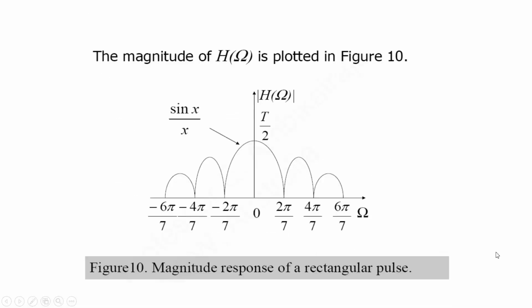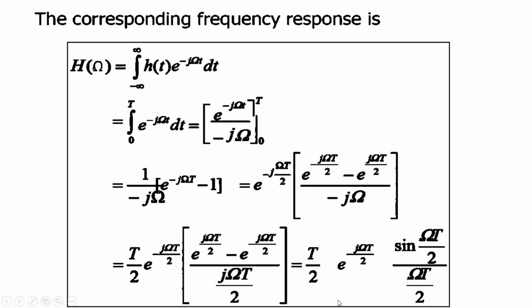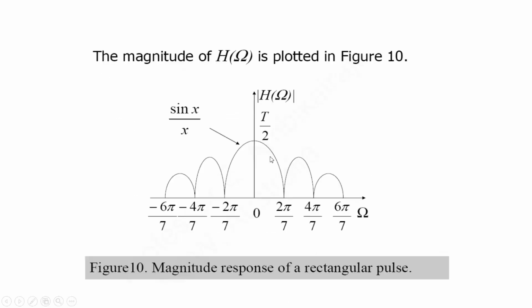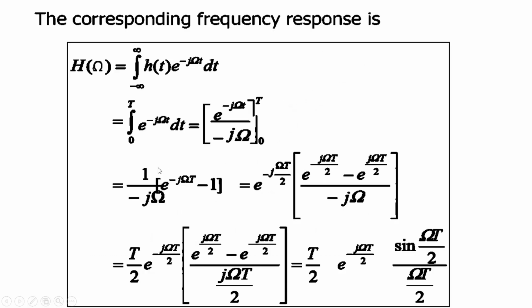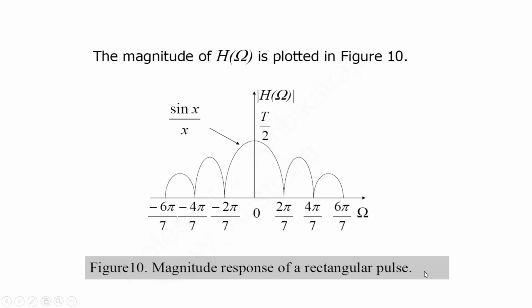Now, this is the frequency response of the pulse. Then what is the magnitude? If we plot the magnitude response, this is actually a sine x by x pulse, of the form sine of capital omega T by 2 divided by capital omega T by 2.